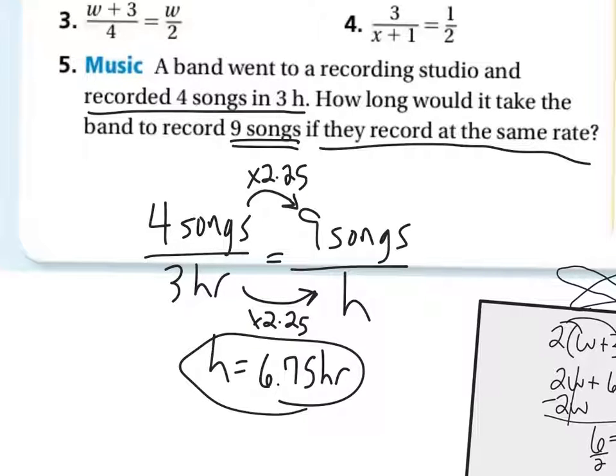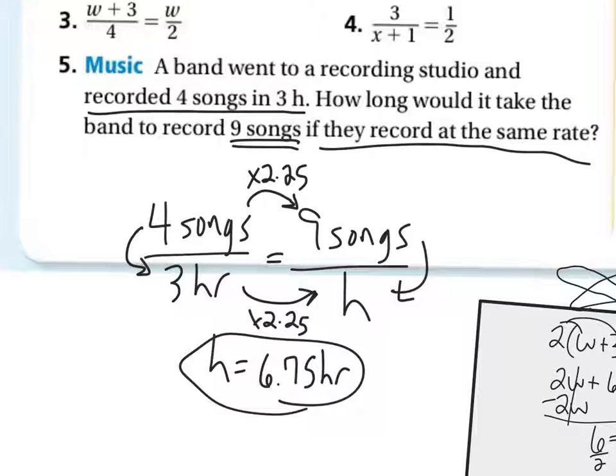The other way you could do this, you could try to go from 4 to 3. If you do 4 divided by 3, you get 1.3 repeating. So that's not as nice of a pattern.